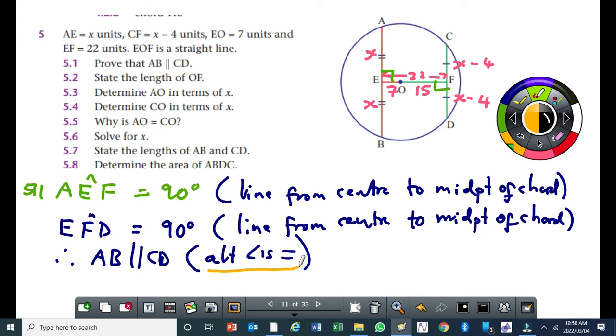That's correct. But when you get to a conclusion and say AB is parallel to CD, what is your reason? You can use co-interior angles because this angle is 90 and that one is 90. Co-interior angles are supplementary, which means you add these two and get 180 degrees. Then you say AB is parallel to CD because co-interior angles are supplementary.